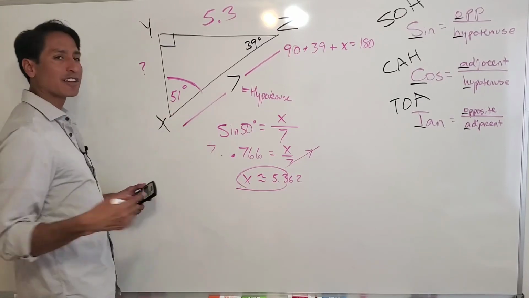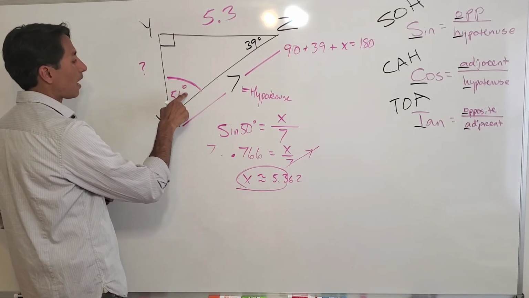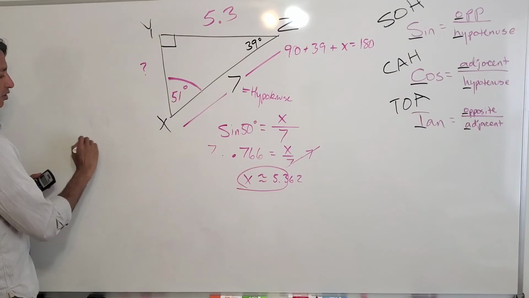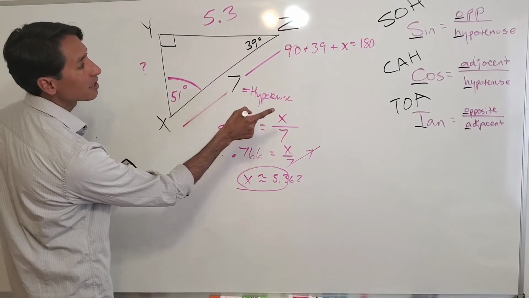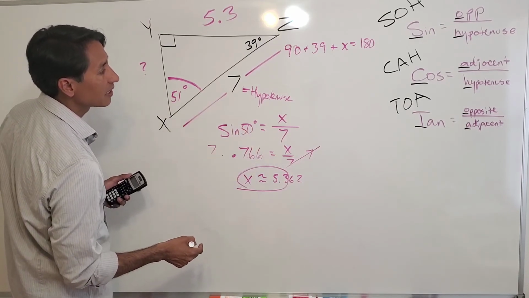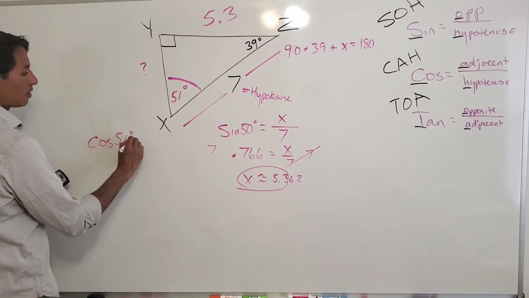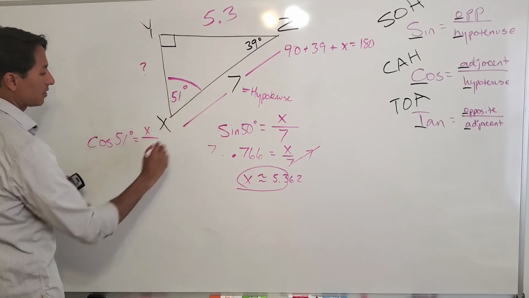But I want to practice my trigonometric ratios and see what I get. So I can do the adjacent over the hypotenuse. Is there a formula for that? Adjacent and hypotenuse, it looks like cosine. Cosine 51 degrees is equal to x over 7.